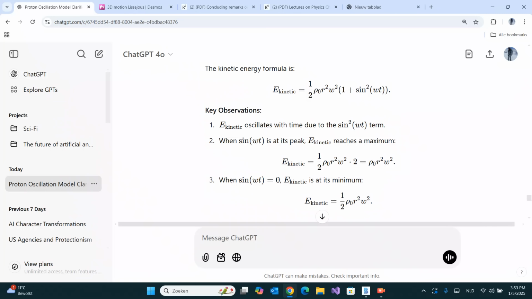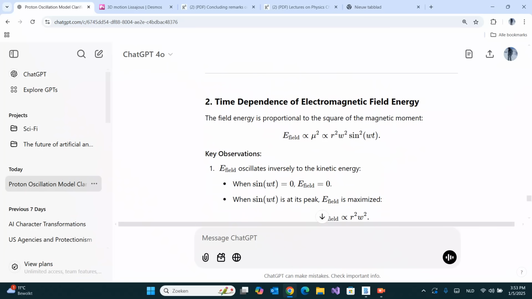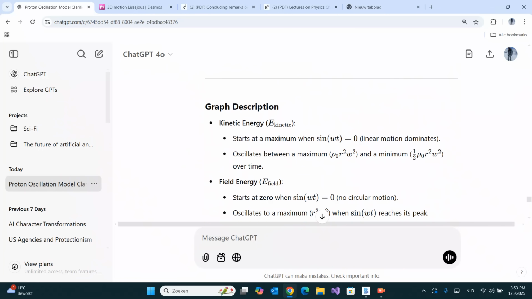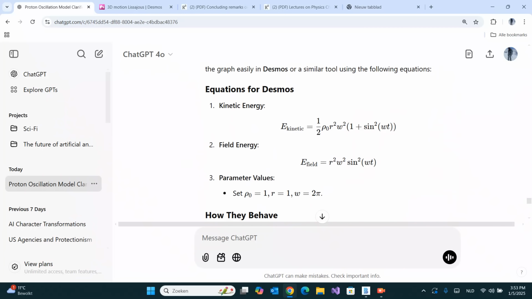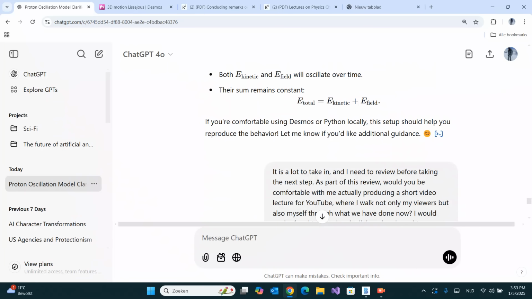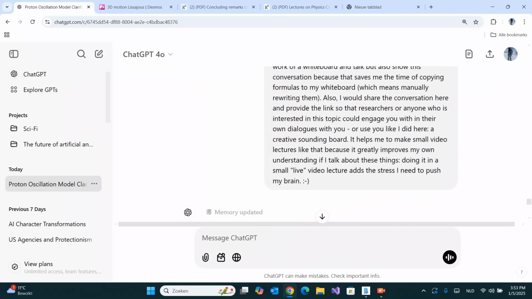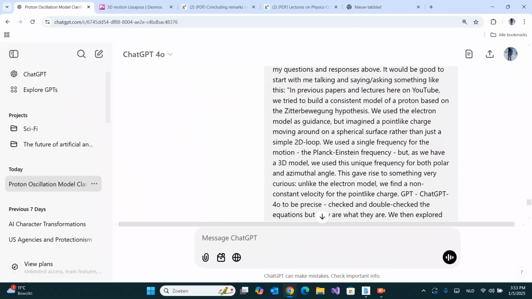So we spent some time again on agreeing on the symbols that we both use when we model stuff like that. But it did marvelous. It wasn't able for some reason to generate graphs, but I can do that with Desmos.